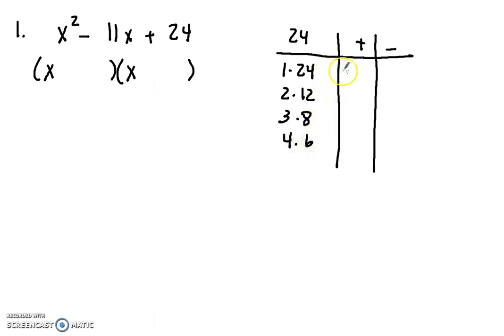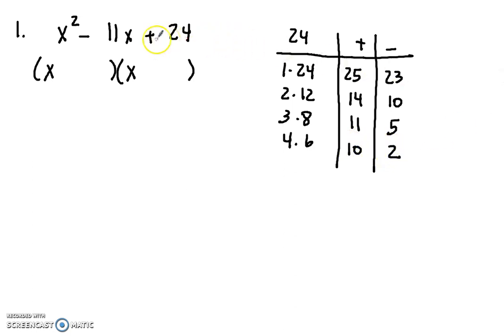With each set of factors, I'm going to add the factors together, and I'll also find the difference between the two, so I'll subtract. So 24 minus 1 is 23, 12 plus 2, 12 minus 2, 8 plus 3, 8 minus 3, 6 plus 4, and 6 minus 4.